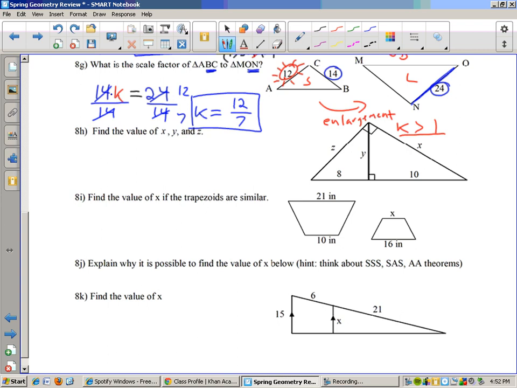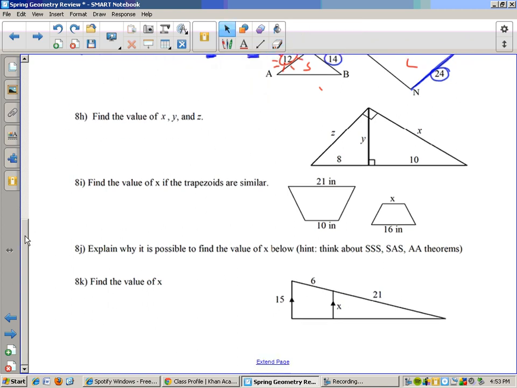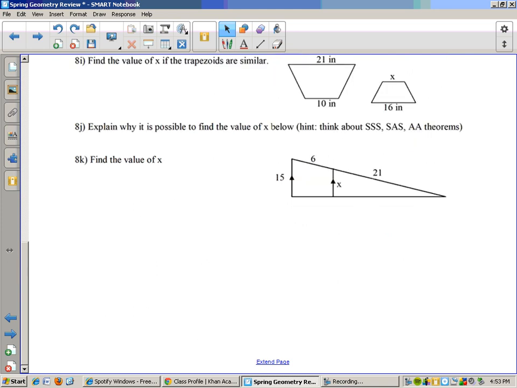Okay. So 1.71. All right. So that is good. It is bigger.